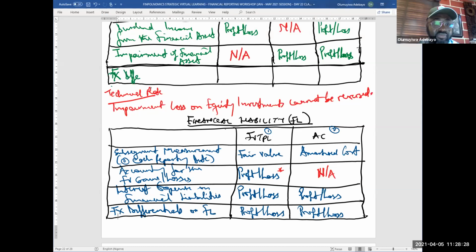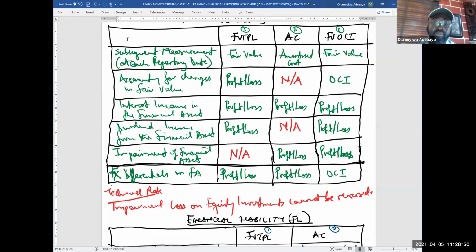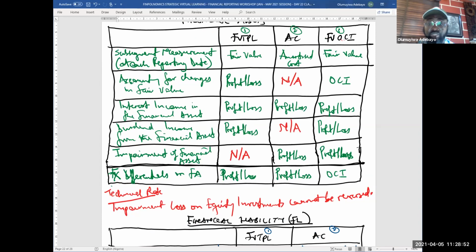FX differentials on financial assets: profit or loss, and what? OCI. Remember the bucket to which they belong.